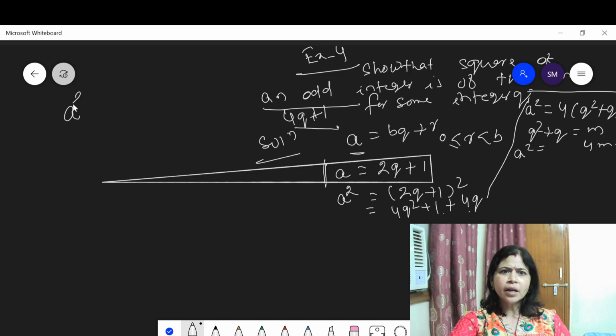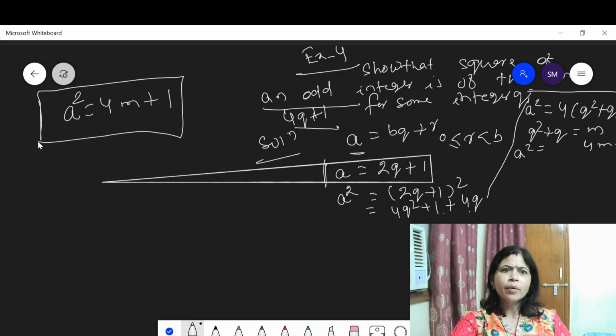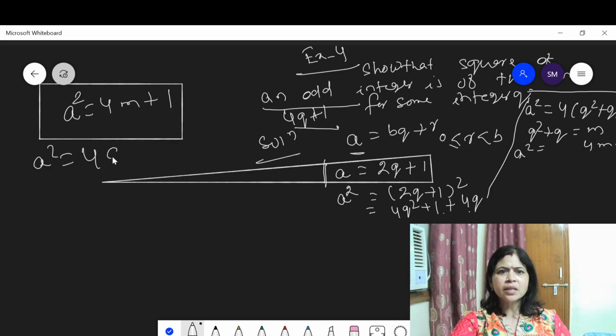Here you get a square is equal to 4m plus 1. This is in the form, okay. This means a square can be represented in the form 4q plus 1 for any integer q. You get it? Then next question.